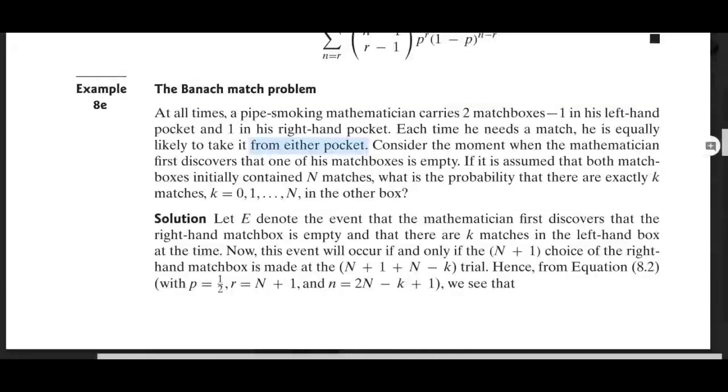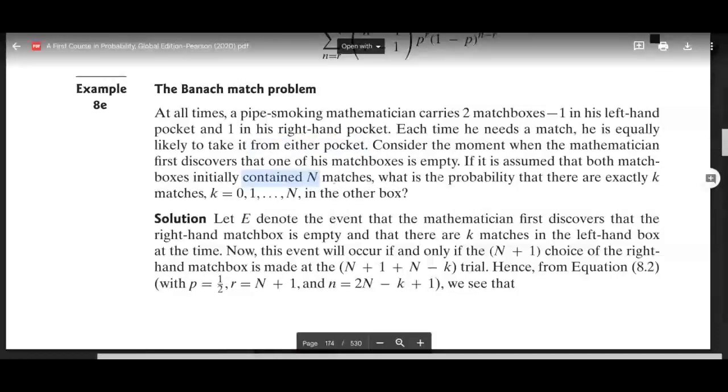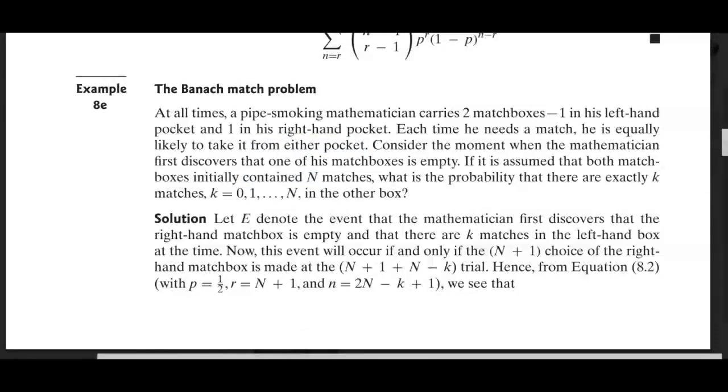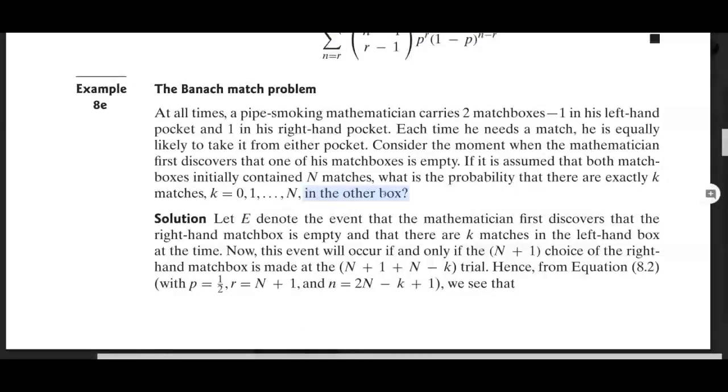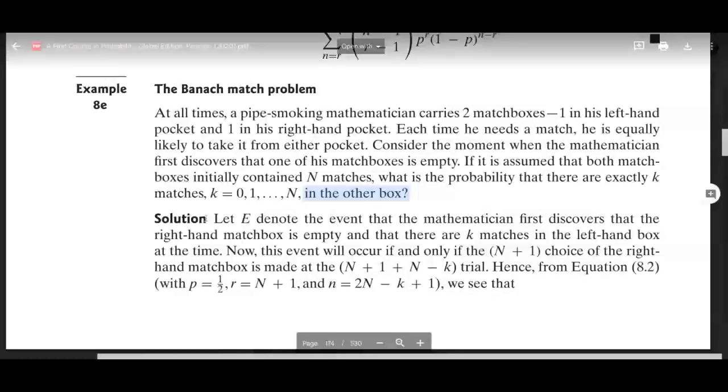Consider the moment when the mathematician first discovers that one of his matchboxes is empty. If it is assumed that both matchboxes initially contained n matches, what is the probability that there are exactly k matches in the other box? k starts from 0 up to n.